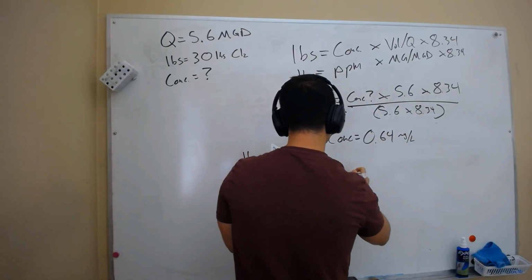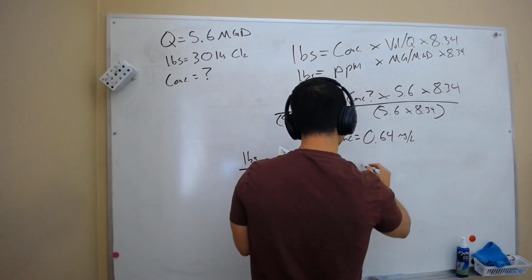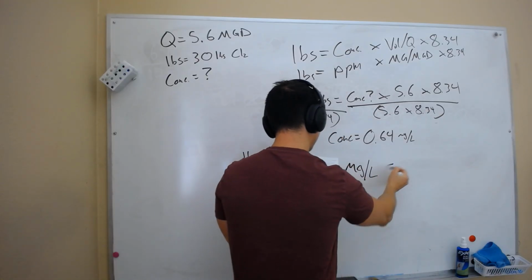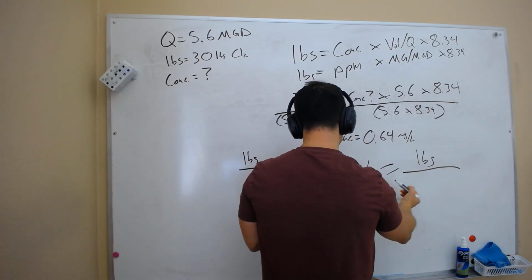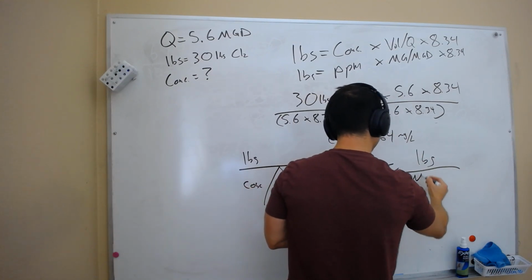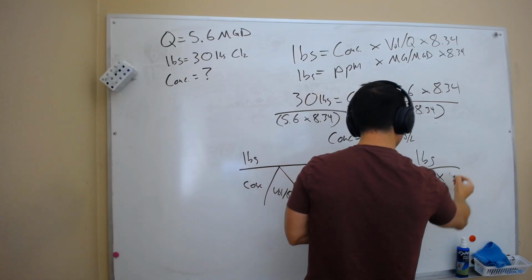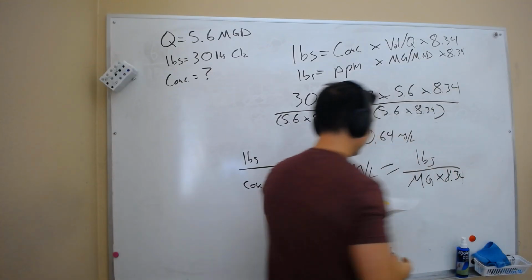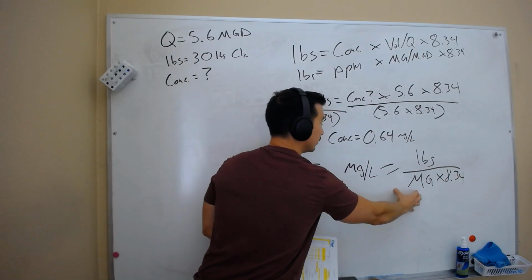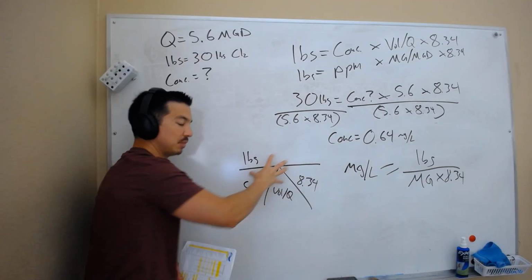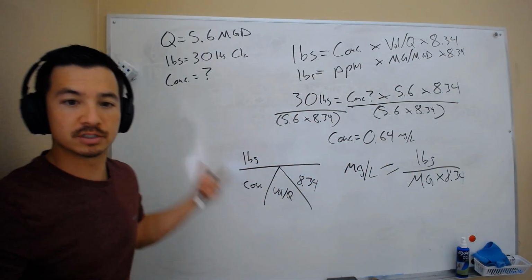If I write it out just so we can see it a little bit better, milligrams per liter, my concentration, is equal to my pounds, however much I dosed, divided by my volume or flow in million gallons times 8.34. So whether you use the formula straight up from the formula sheet, whether you do the algebra, whether you use the pie, you should all get to the same answer.